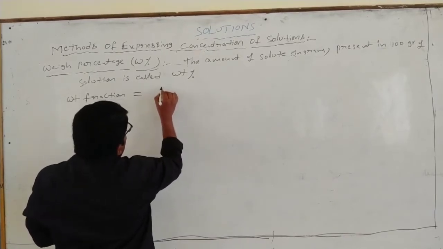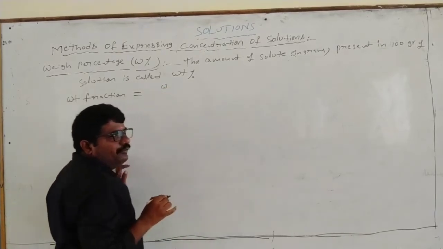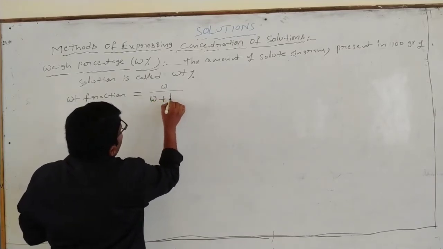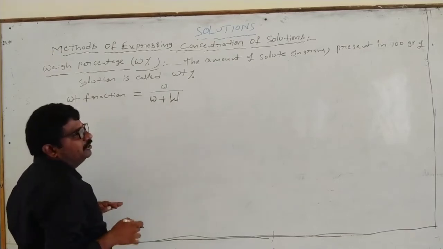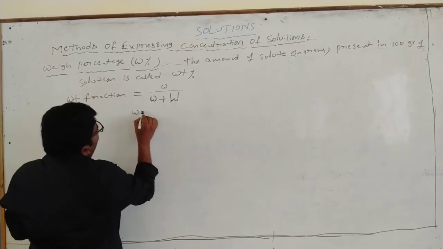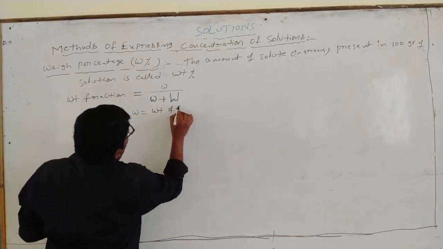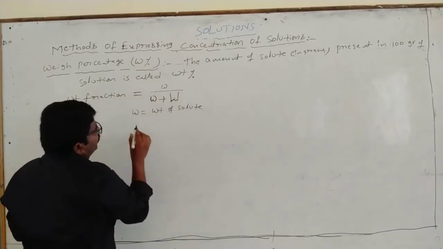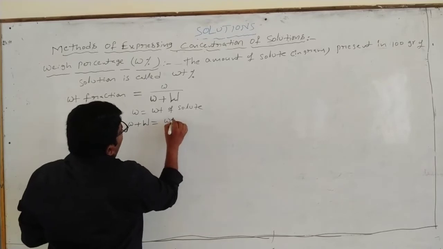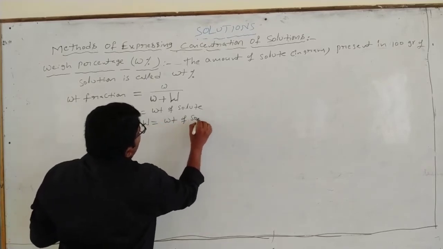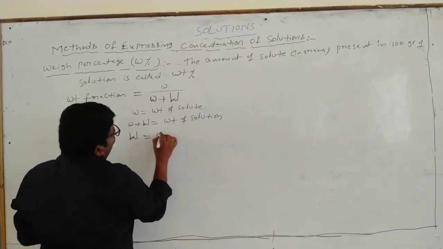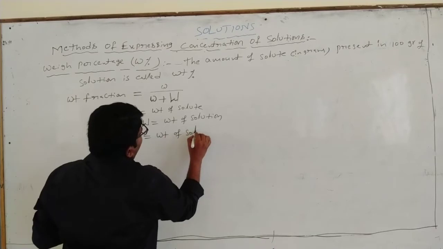Consider small w is equal to weight of solute, and small w plus capital W is the weight of solution, where capital W is equal to weight of solvent.